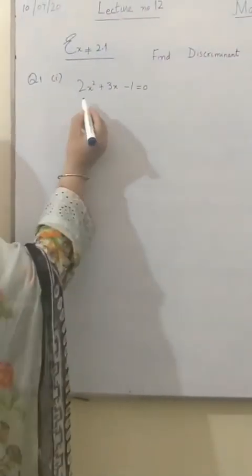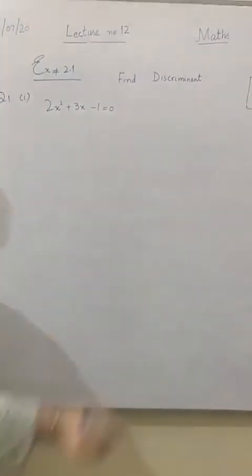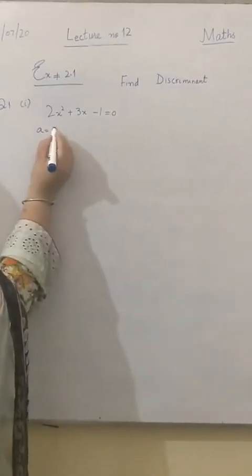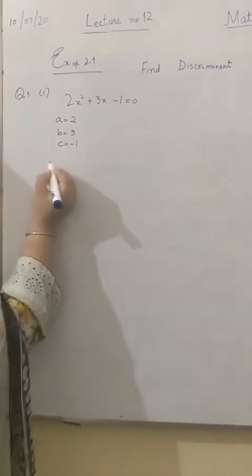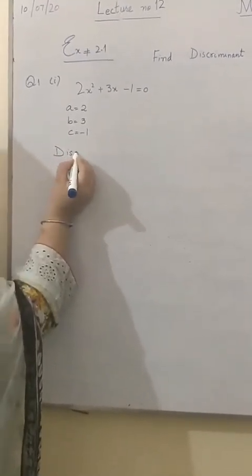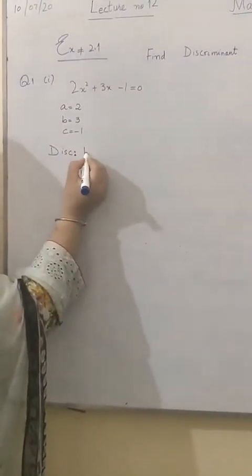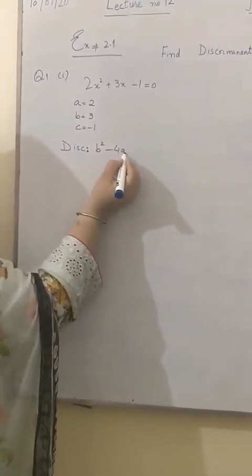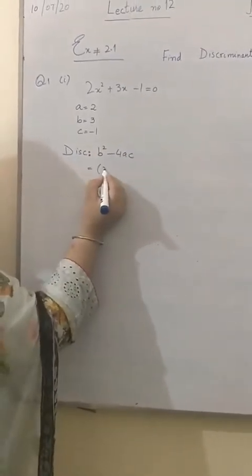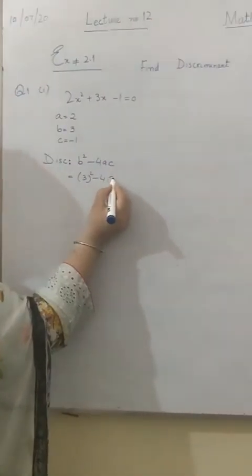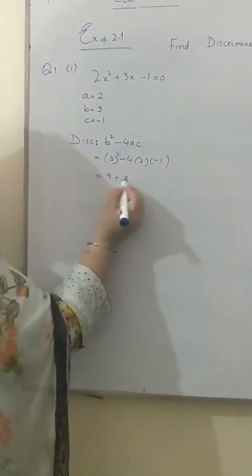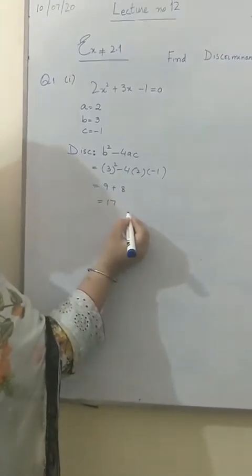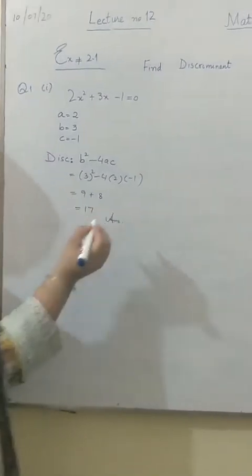If we have to find the discriminant in this equation, we can see that this is in standard form, and here a is equal to 2, b is equal to 3 and c is equal to minus 1. Discriminant will be equal to b square minus 4ac. This means 3 square minus 4 into 2 into minus 1, 9 plus 8, which is equal to 17. This is your answer.